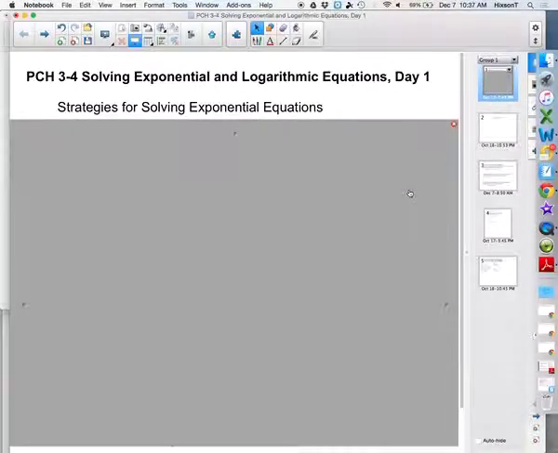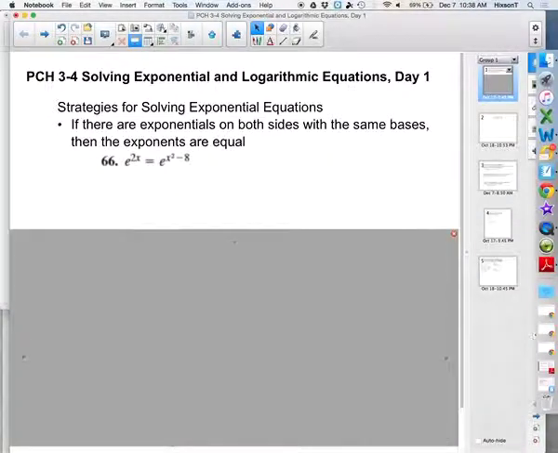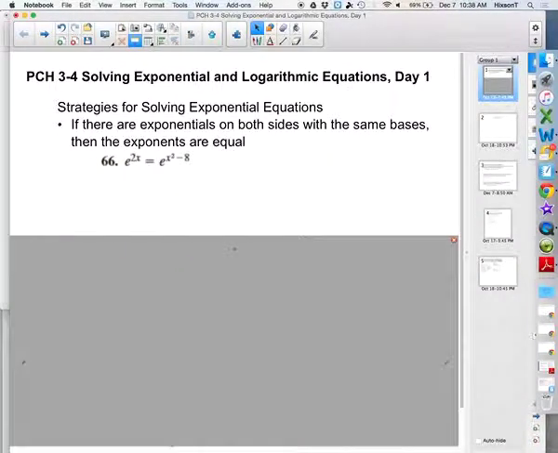First of all, if you've got exponentials on both sides, this is the easy case, but it's also easy to overlook. If there are exponentials on both sides of your equation that have the same bases, then the exponents have to be equal. All right? e to the 2x equals e to the x squared minus 8.